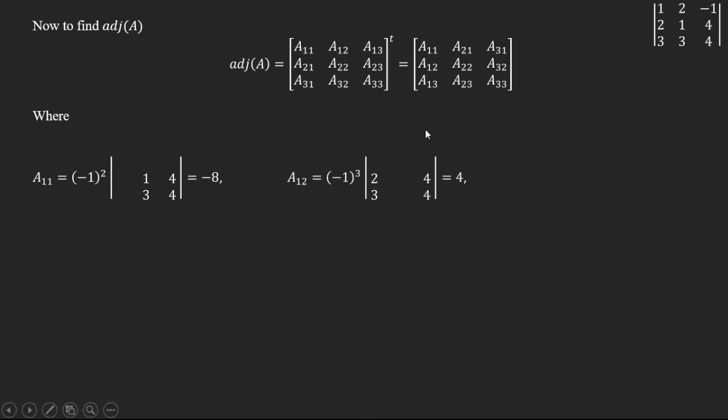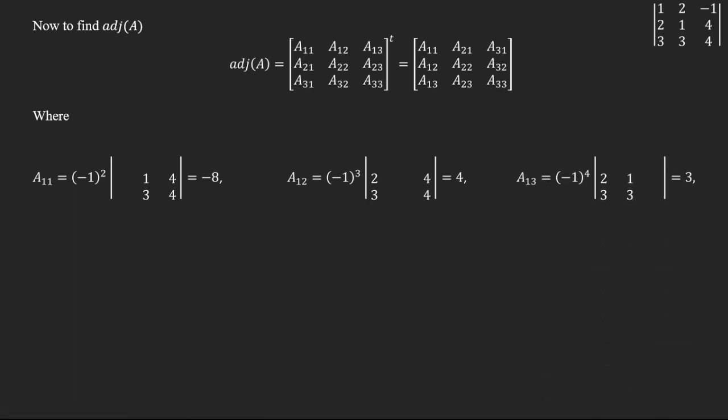Now for A12 you need to ignore that column and that row. We get 2 4 and 3 4. 4 2s are 8 and 4 3s are 12. So 8 minus 12 is minus 4, and (-1) to the power 3. Where did this 3 come from? 1 plus 2 is 3, that's why we write 3 in the power. So minus 1 into minus 4 gives us plus 4.